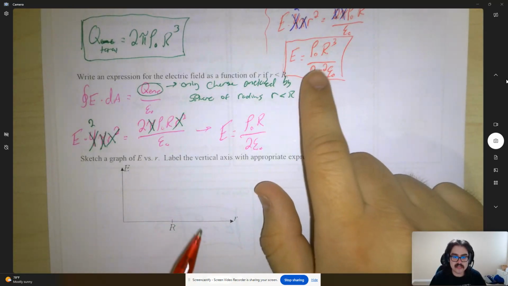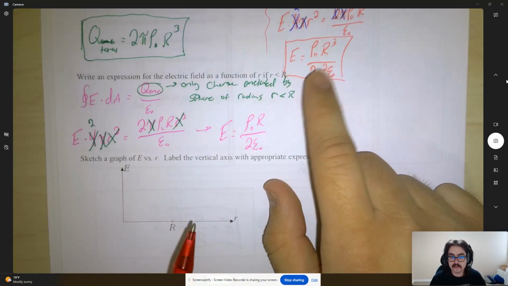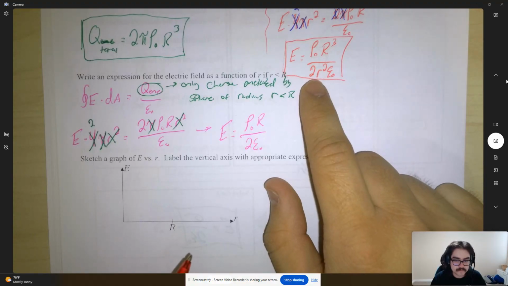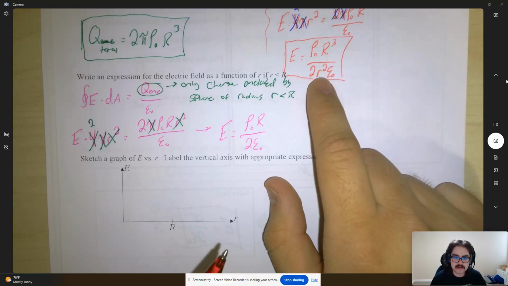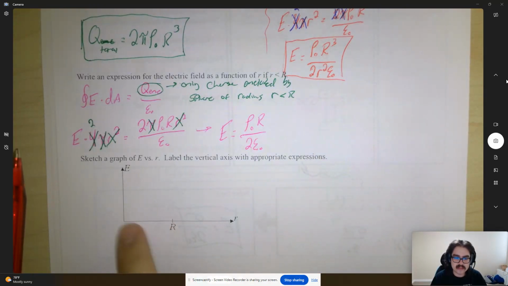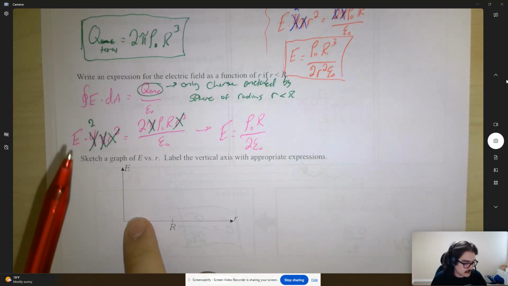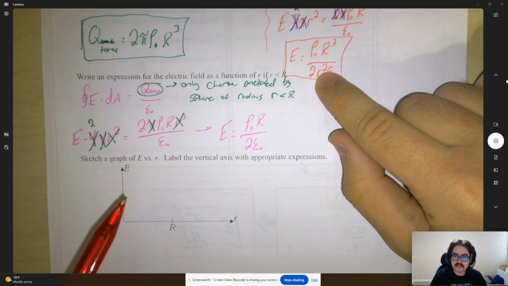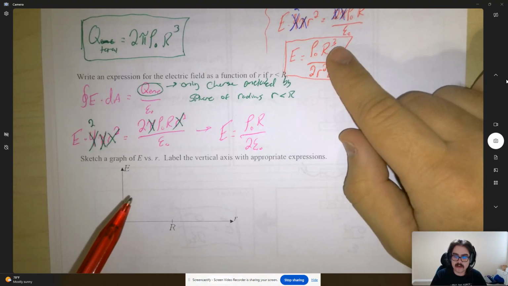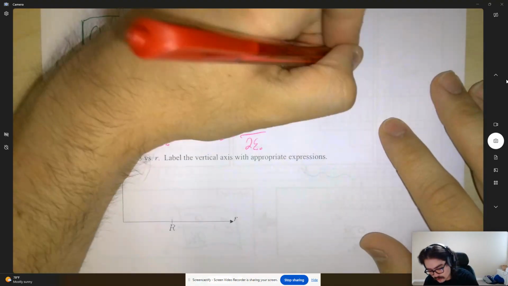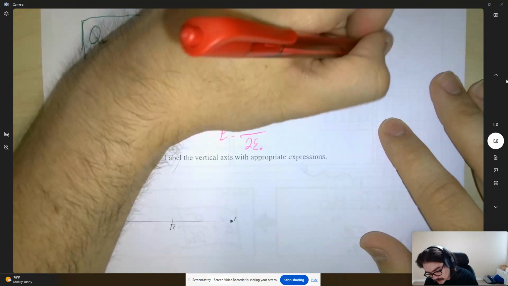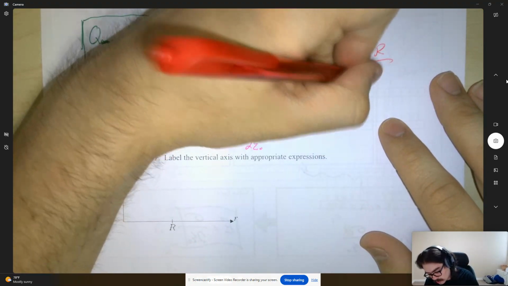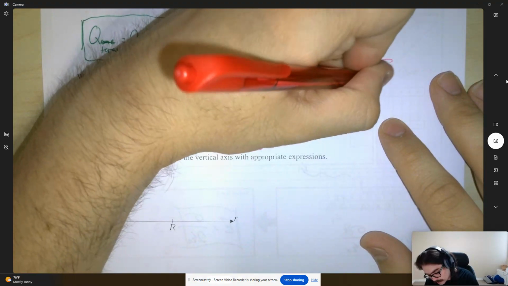And then to do the graph, you're going to notice that as you move, the E field is a constant. It is only a little bit dependent on little r. If you are inside of the conductor, this could look like rho naught r over 2 epsilon naught.